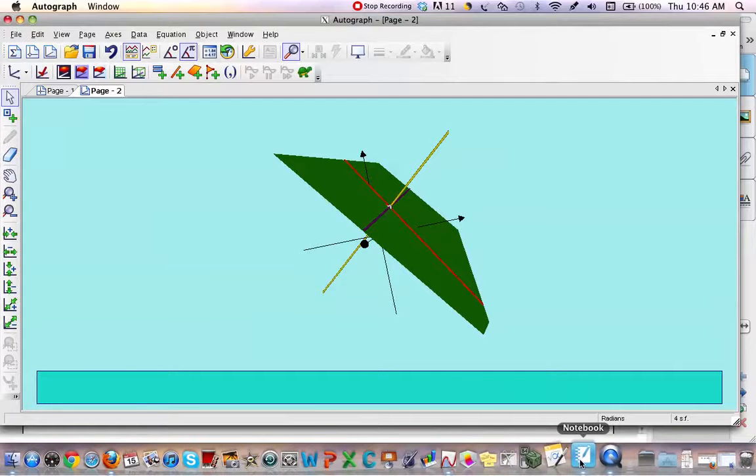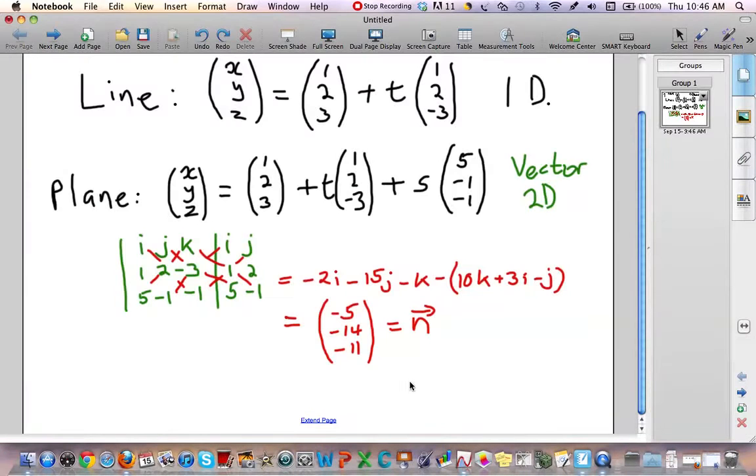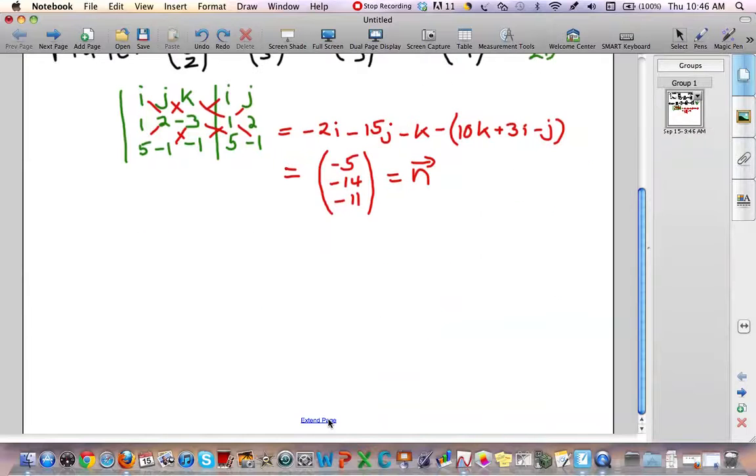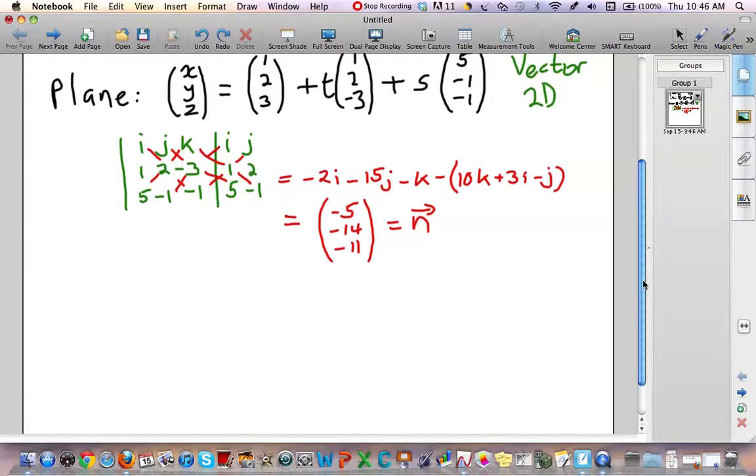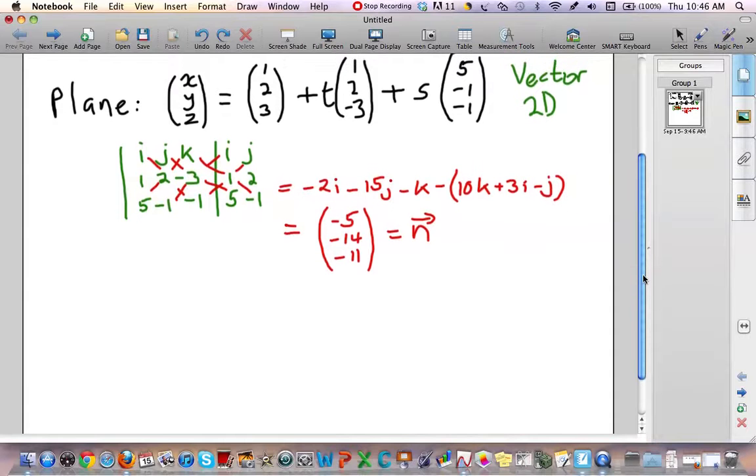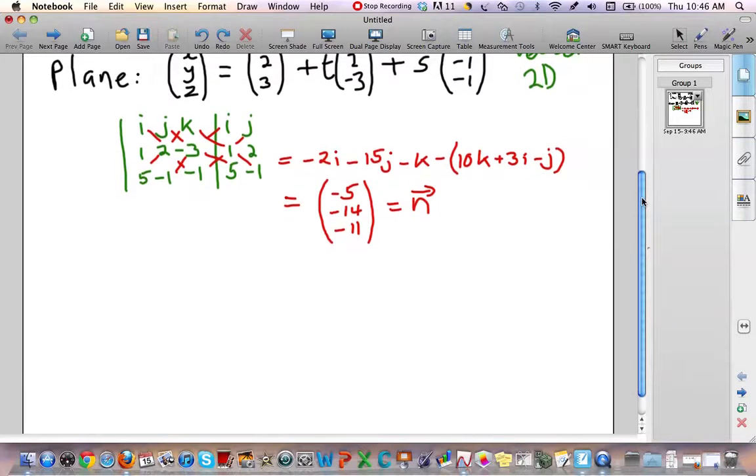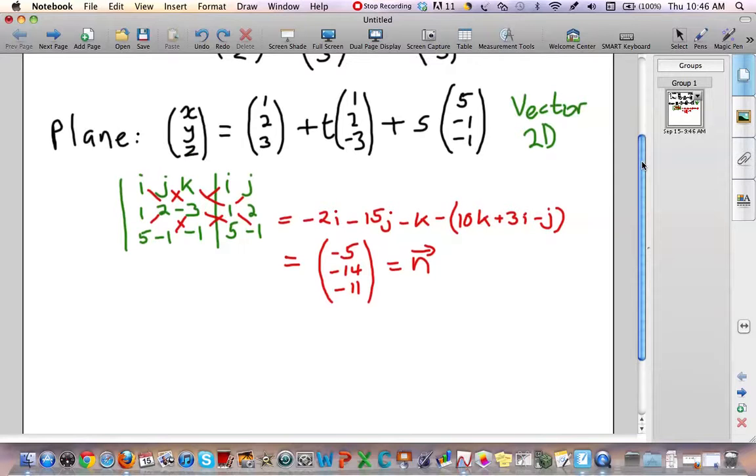And so what we'll do is go back to the notebook, extend the page to give myself a little more space, and what we're going to do at this point is take the vector equation of the plane and multiply through by the normal that I obtained below.